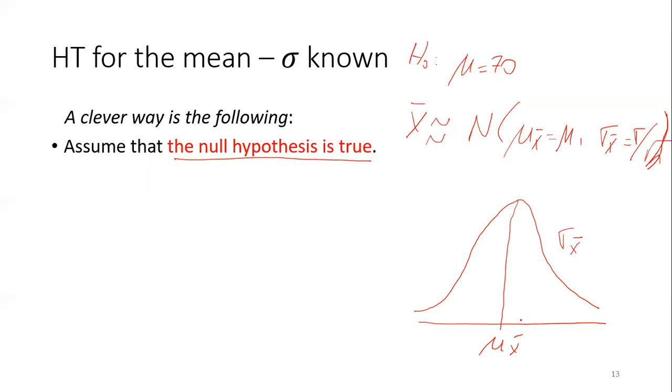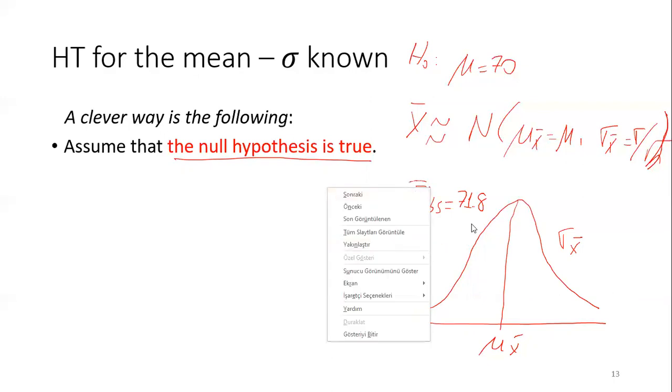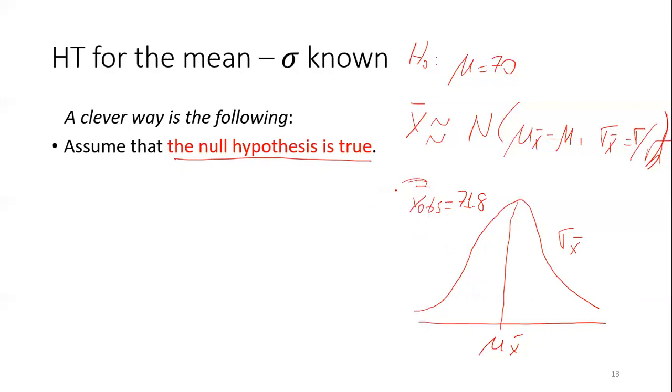After plotting this, I have an observed value of X bar. Remember, X bar observed, in our case, is equal to 71.8. This is an observed value of the random variable X bar.